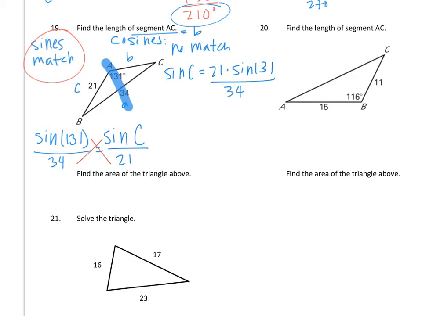So when we put that in the calculator, we should get a decimal. And I got sine C equals 0.466. Remember, when we have sine of something equals a number, we want to make sure and do at least 3 decimal places. All right, so we're going to do our inverse sine to get rid of the sine.